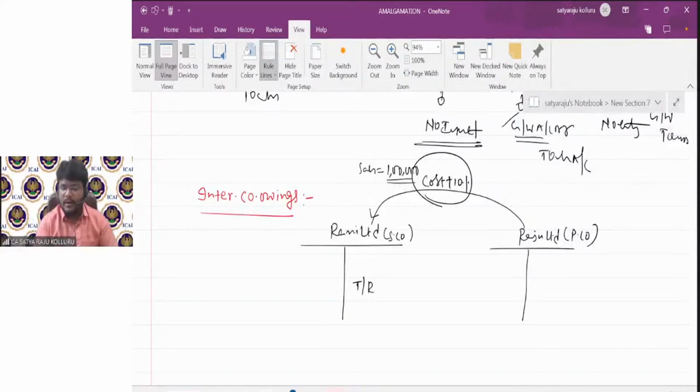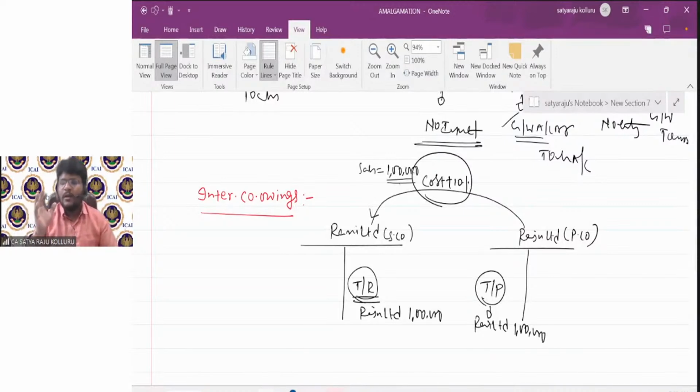That is under trade receivables. Here, Razu Limited is shown as debtor. Similarly, in Razu Limited's books, under liabilities, that is under trade payables, Rani Limited is shown as a creditor. Do you agree, all of you? This is a normal credit sale and credit purchase transaction.